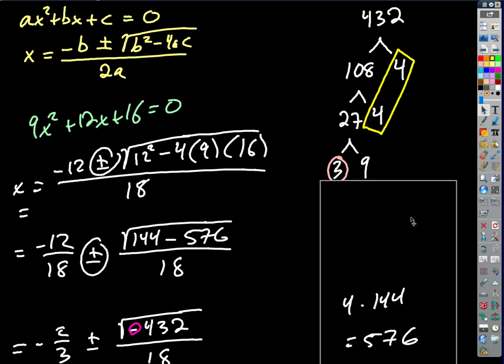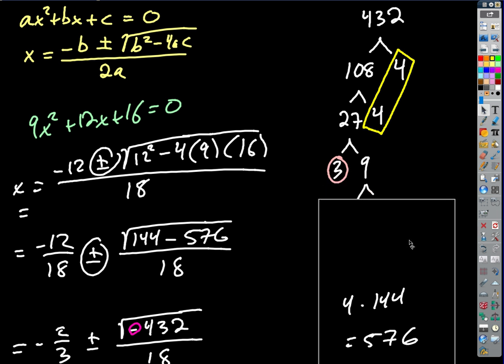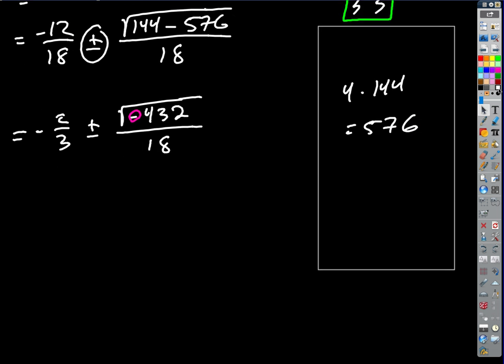The 27 we could break up into 3 times 9, and then the 9 into 3 times 3. So look what we get. We get a couple of 4s, a couple of 3s, and a single 3. So couples go out, the 4 and the 3 go out, and the single stays in. So we should end up with 12 times the square root of 3, times i. Good. 12 times the square root of 3.